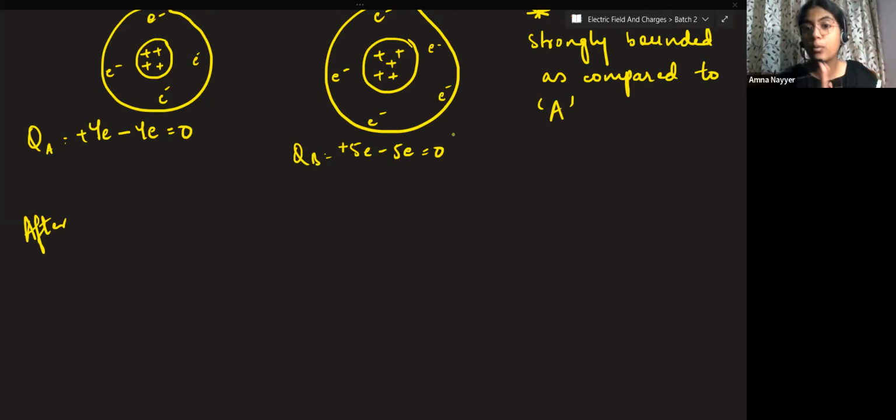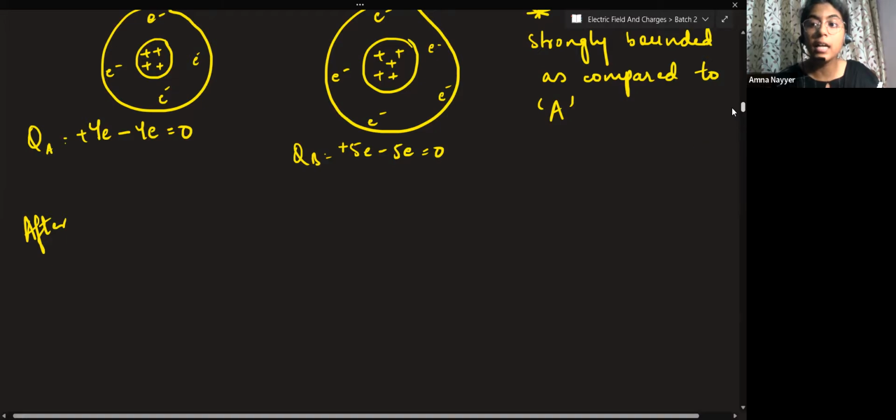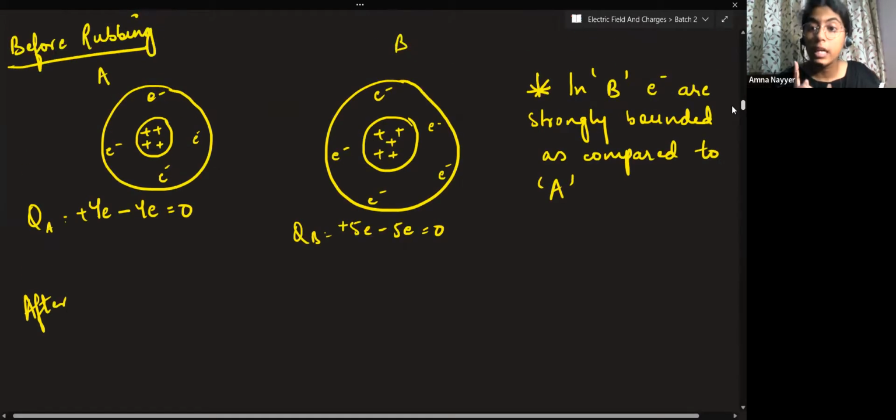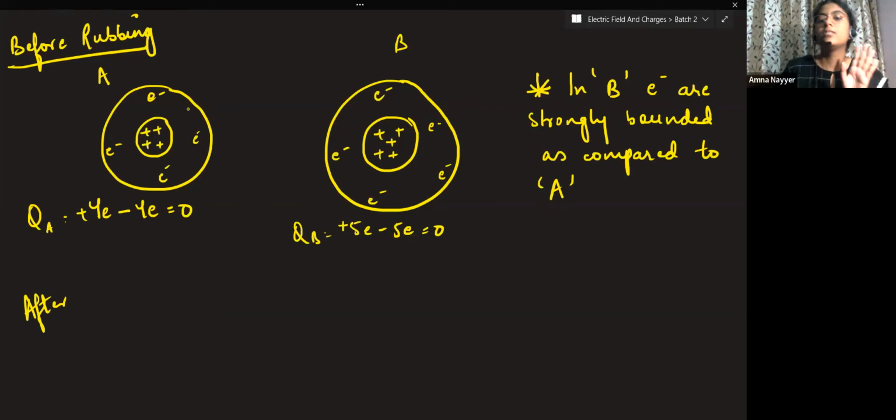If only body A and body B are kept together, and the condition is that B has strongly bound electrons, then transfer of electrons will occur from A only. Let's say we have some other body C whose electrons are more strongly bound than B, then transfer of electrons is possible from B to C. That is a different example.